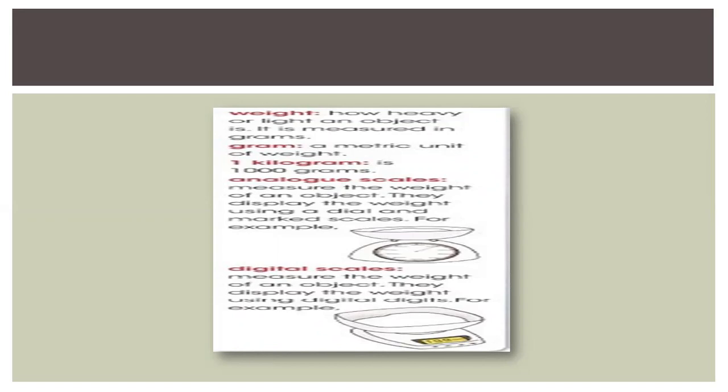Analog scales measure the weight of an object. They display the weight using a dial and marked scales. For example, here you can see. Digital scales measure the weight of an object. They display the weight using digits. For example, this one.